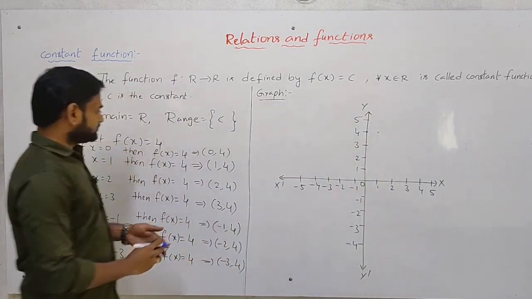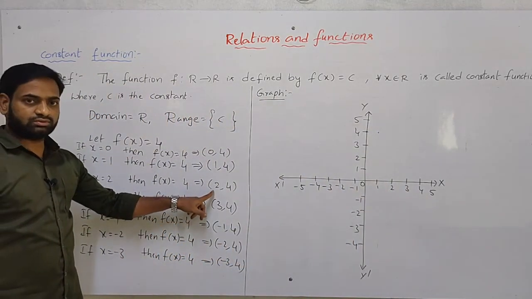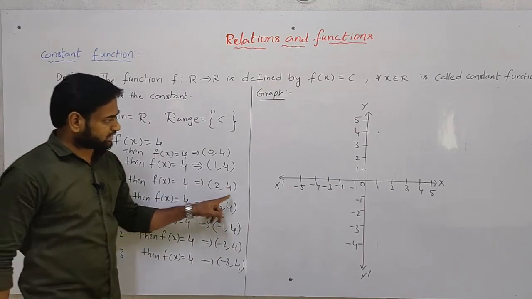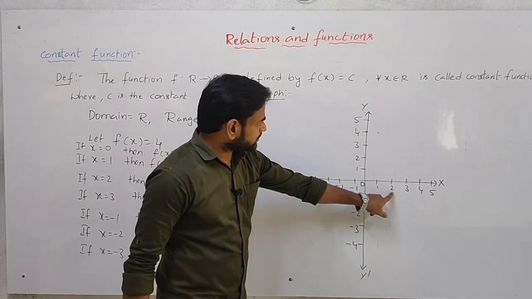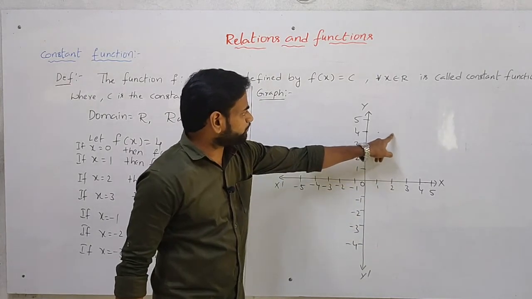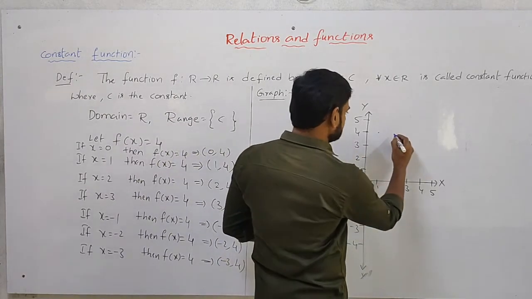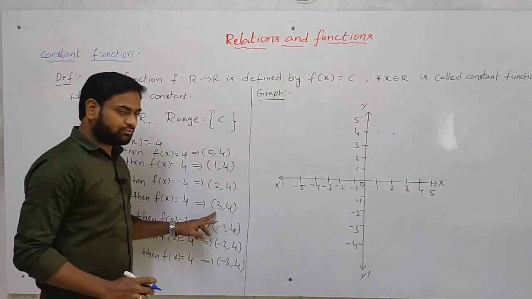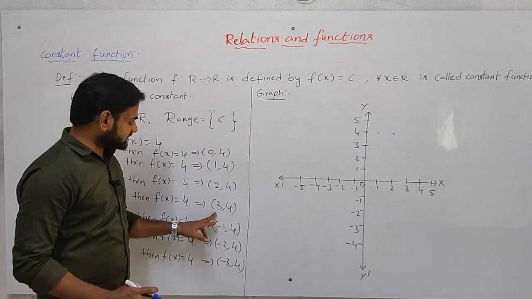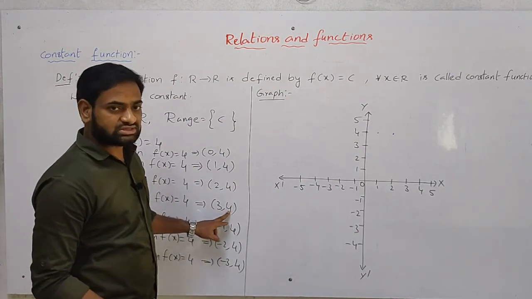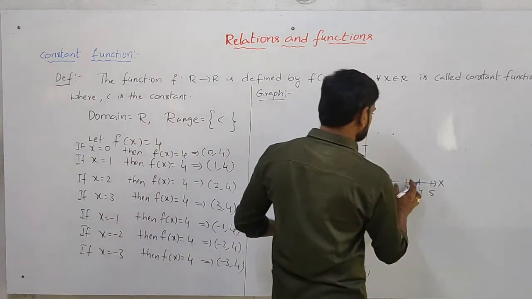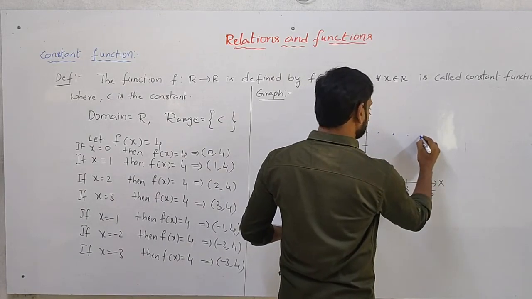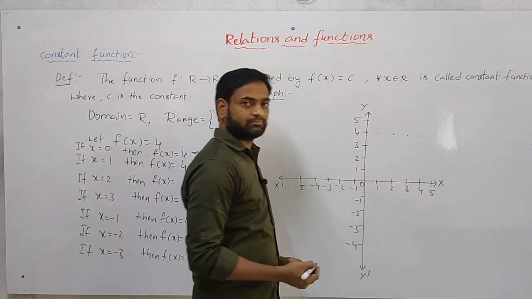Next, 2, 4. This is the x value, this is the y value. On the x-axis 2 here, on the y-axis 4 here. So the point is here. Next, 3, 4. On the x-axis it is 3, on the y-axis it is 4. So it is here. You can take 4, 4 also like that. Anything you can take.